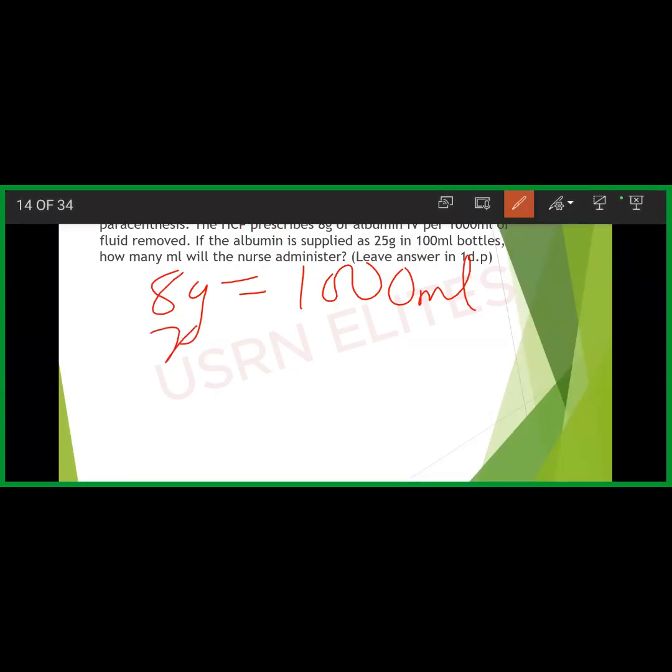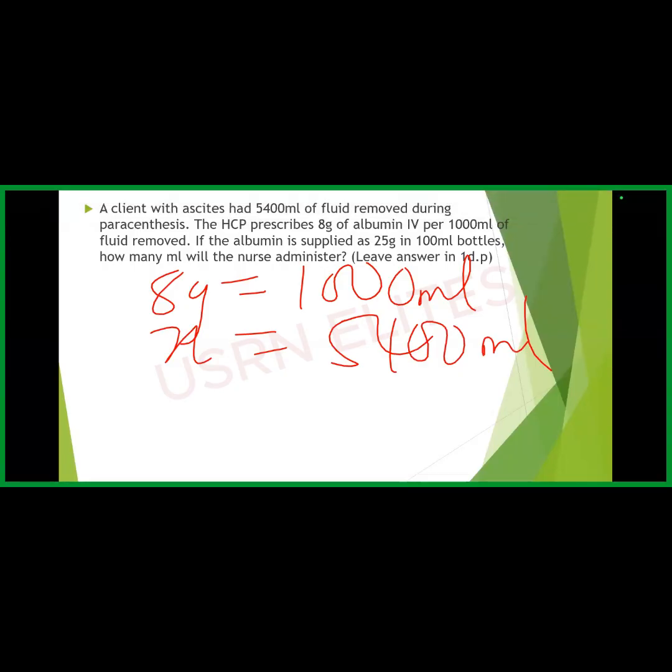How many grams should we give for this 5,400 ml removed? That's your first step, so that you know the actual number of grams that you should give for this 5,400 ml removed.